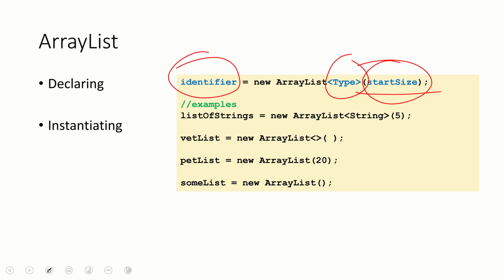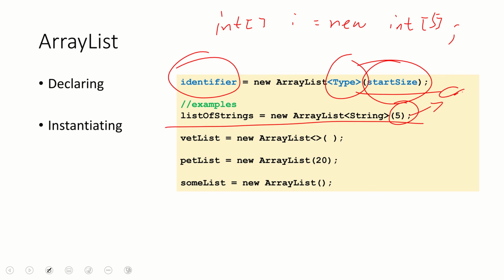When we create an array, for example an int array, you can put 5 in here, which means this int array has only 5 elements, right? But for here, it's different. This 5 only means its capacity.